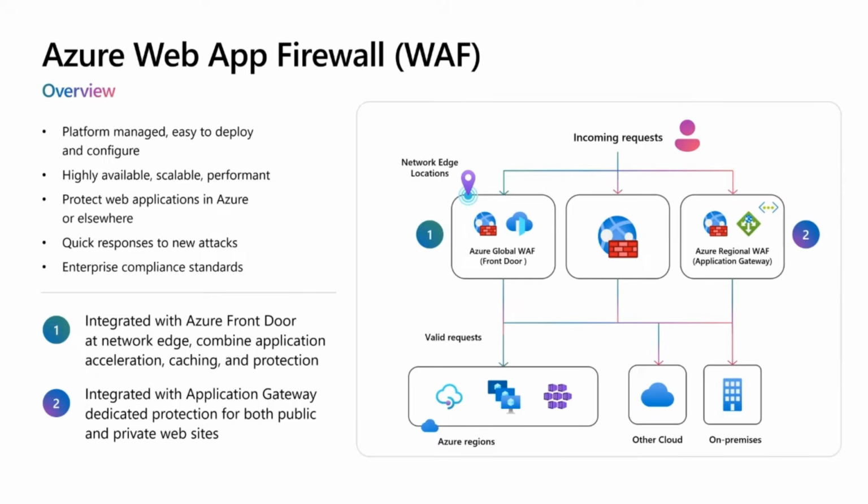As a platform managed service, it eliminates the operational overhead of applying updates, scaling capacity, etc. This ease of deployment allows organizations of any size, from startups to global enterprises, to quickly secure their applications with high availability, scalability, and low latency. Azure WAF can protect apps hosted anywhere, whether in Azure, on-premises, or in other cloud environments, making it highly flexible for hybrid and multi-cloud strategies.